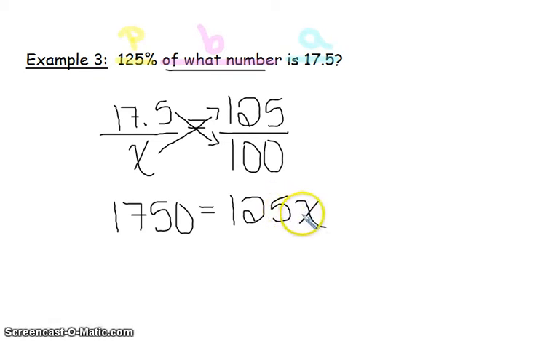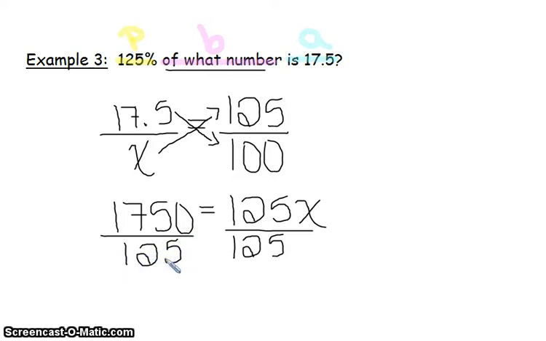The inverse of multiplying by 125 is to divide by 125. And make sure if you divide the right-hand side by 125, you always have to divide the left-hand side by 125. And 1,750 divided by 125 gives you 14, and that equals 1x. 125 divided by 125 is 1.